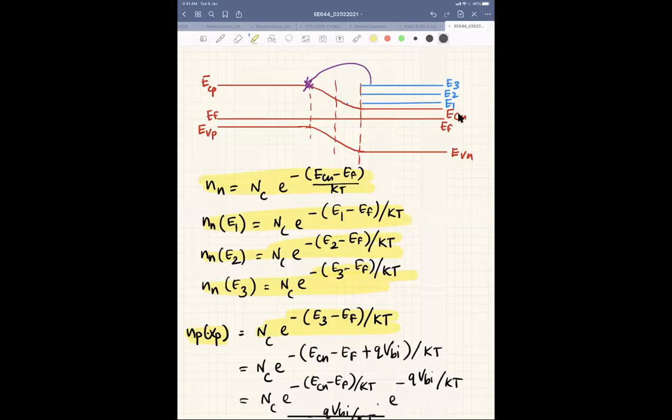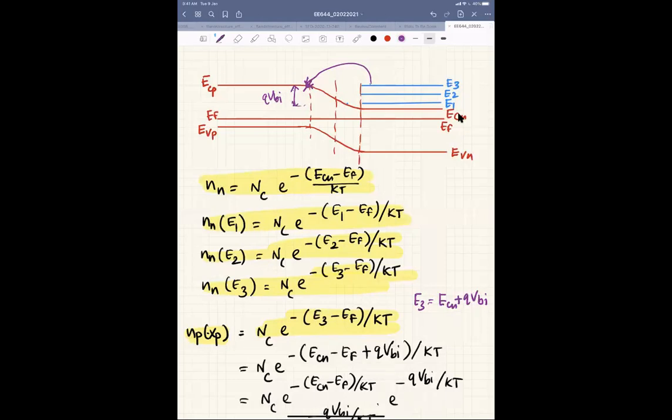Okay. So I could write this, then I could also simplify this e to the minus (E3 minus Ef). E3 is nothing but Ecn plus qVbi, because you see this part is qVbi, right? This is my qVbi, and E3 is nothing but Ecn plus qVbi.